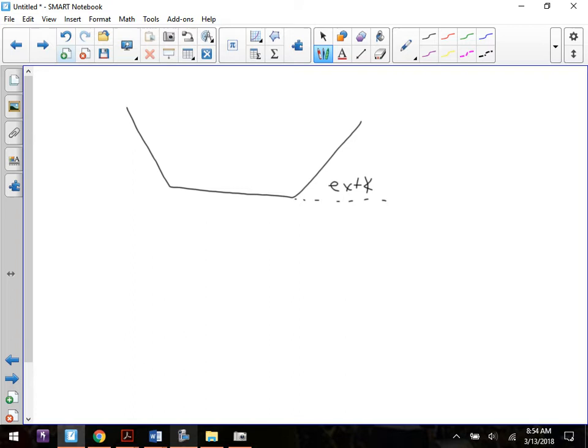Now, with these being regular polygons, that means that all the inside angles are the same, and all the outside angles are the same. So in order to figure out what the outside angle is, we always took 360 divided by the number of sides, and this equaled your exterior angle.